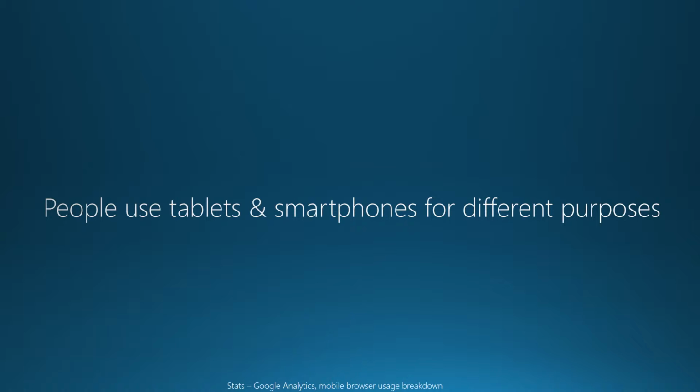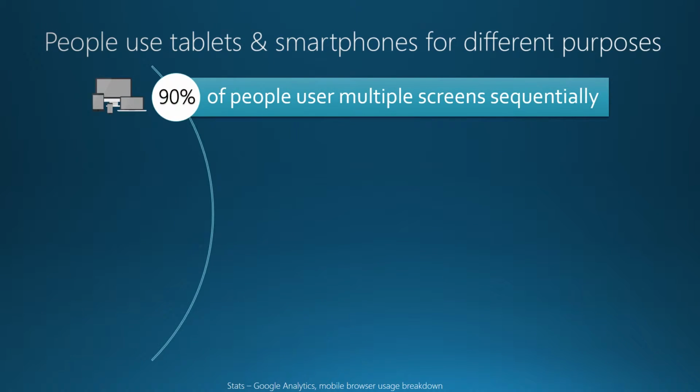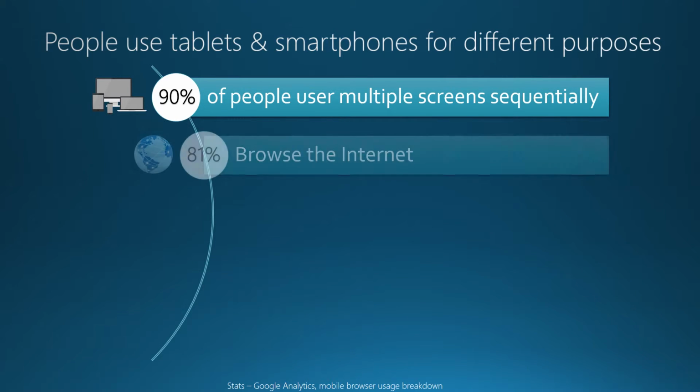According to the statistics given by Google Analytics on browser usage breakdown, 90% of people use multiple screens sequentially these days, as the majority of people carry different sizes of devices with them, such as tablets, smartphones, desktops, etc. And 81% of the users browse the internet using smartphones and tablets.